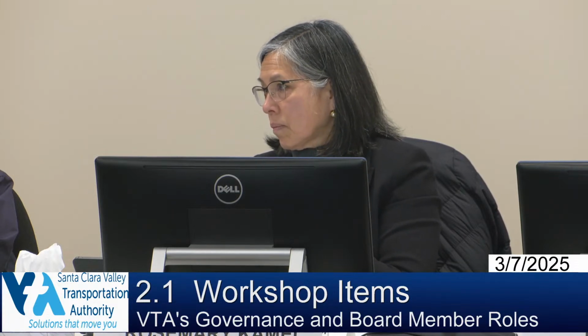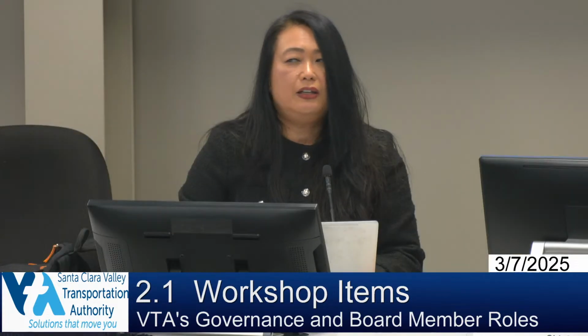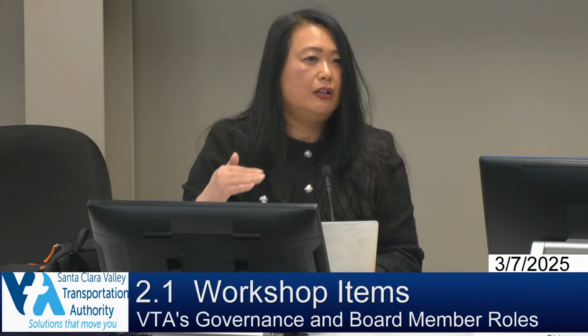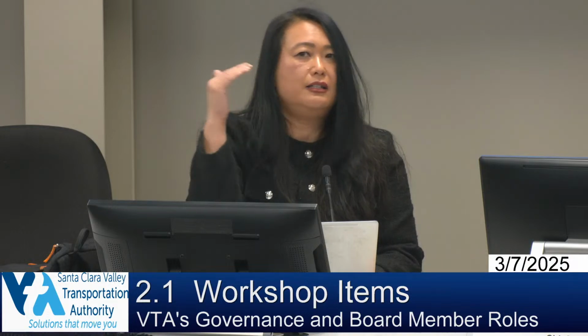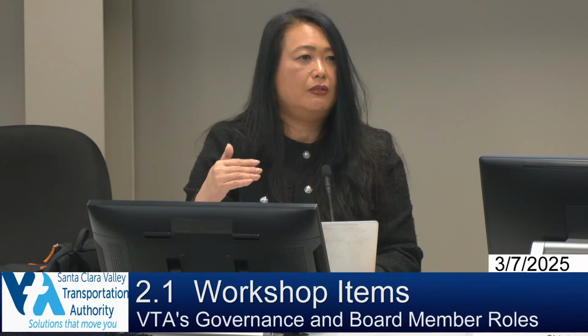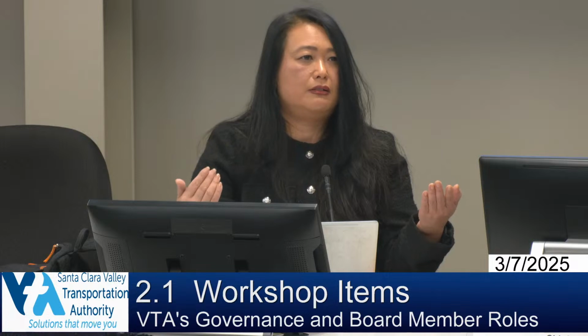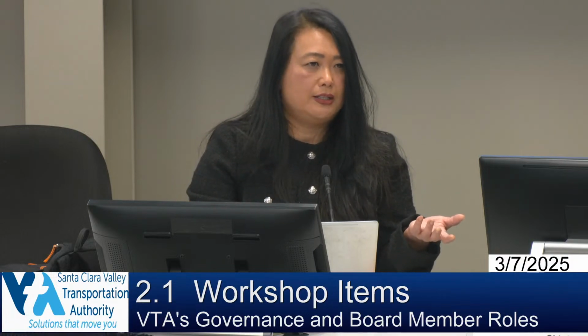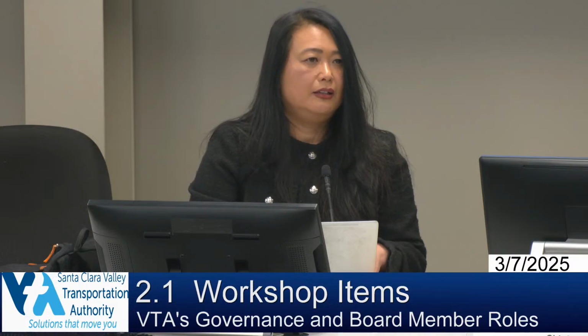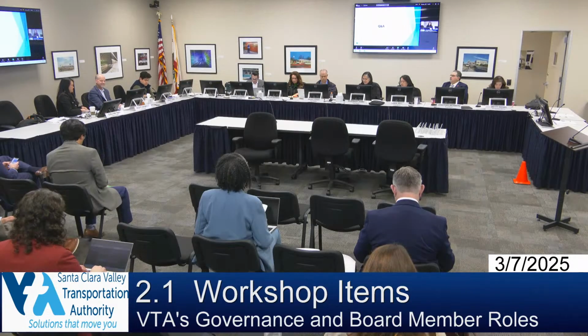Well, when you file your Form 700, you actually list all of the jurisdictions in which you're involved, right? And so that disclosure is made, whether it's the city or VTA. So that's on the record when it's submitted. Okay. Thank you.